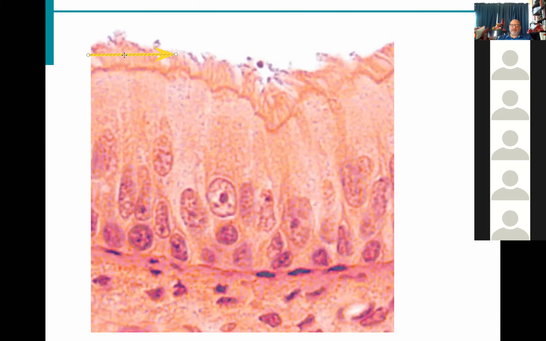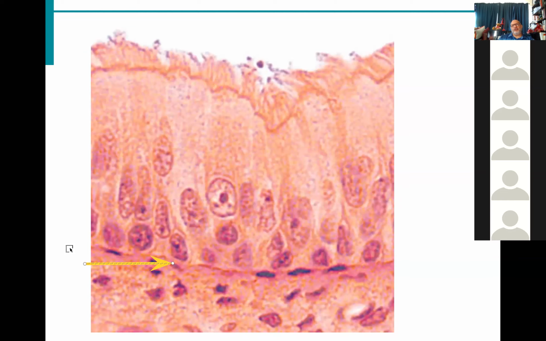Got it. Excellent. So I think we already answered the question, but again, beating dead horses is always a good thing. Identify the surface of the cell where the arrow is pointing now. Apical, excellent. Identify the organelle. Cilia, excellent. Identify the surface. Basal.